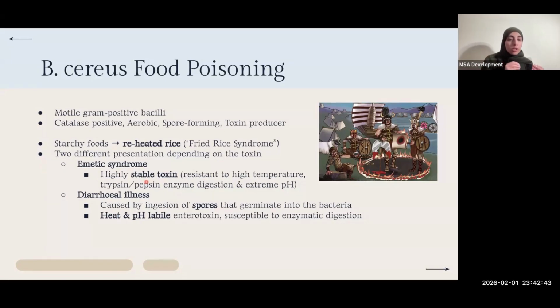But if they eat the spores, these spores will lead to diarrheal illness because they bypass the pH of the stomach and they get deeper into the GI and lead to diarrhea. Okay, so toxin, vomiting, spores, diarrhea, and Bacillus cereus is seen in reheated rice. Very important clue in the question. Okay, reheated rice or fried rice.